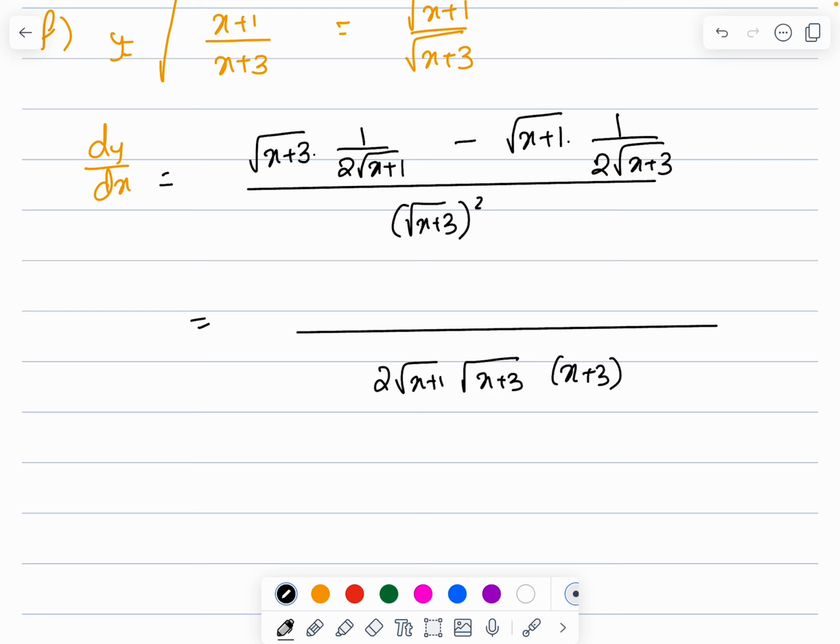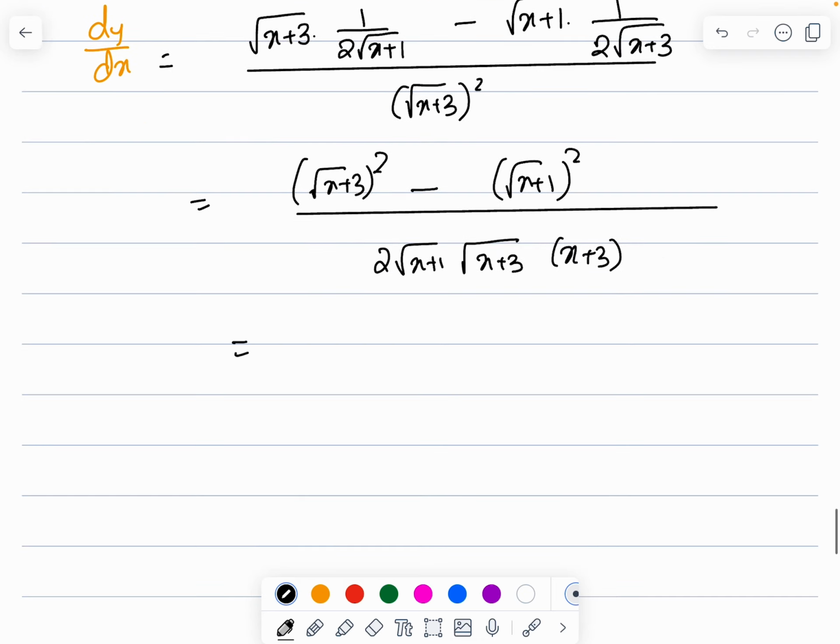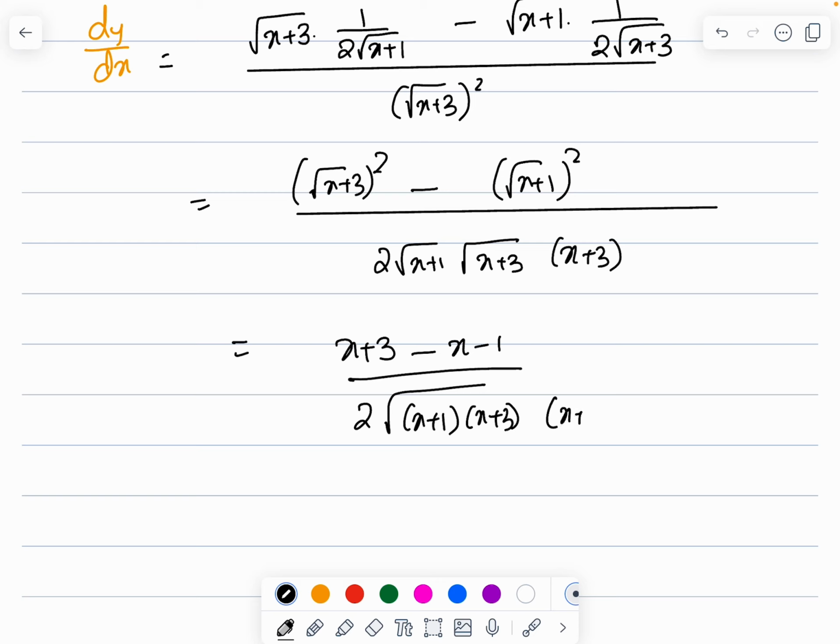So what does that become now? Square root (x plus 3) times square root (x plus 3) is (x plus 3), and square root (x plus 1) times square root (x plus 1) is (x plus 1). So simplify that. It becomes x plus 3 minus x minus 1 divided by 2 times square root (x plus 1) times (x plus 3) times again square root (x plus 3).